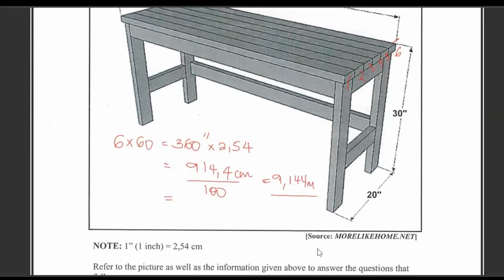You see that? So 9,144 meters, but he's going to buy planks of 2 meters. So you ask yourself, how many will he buy? He has to buy, let's do that, divide by 2.